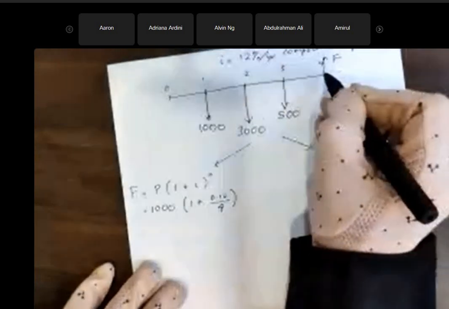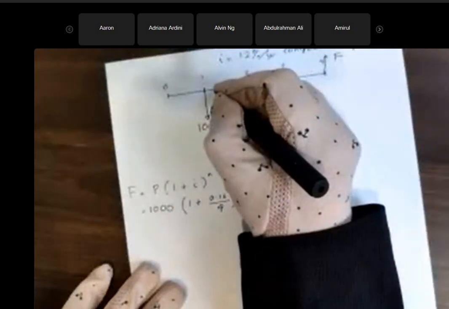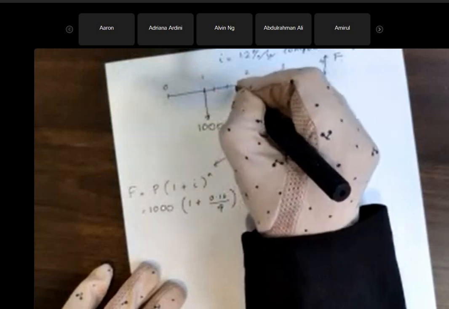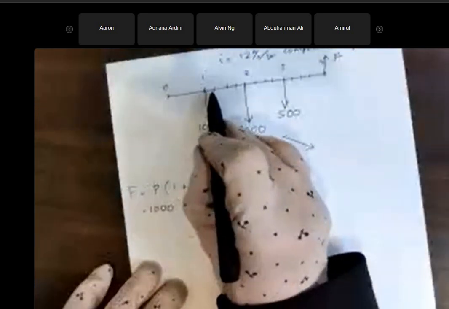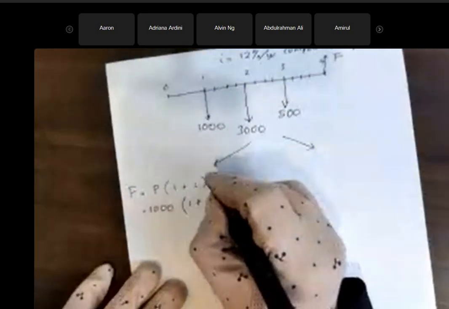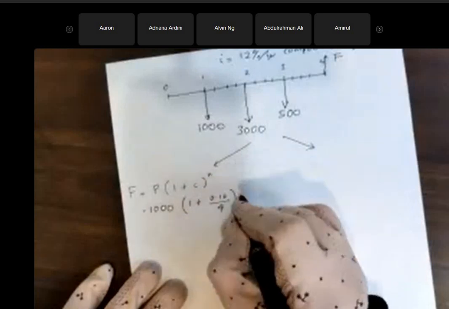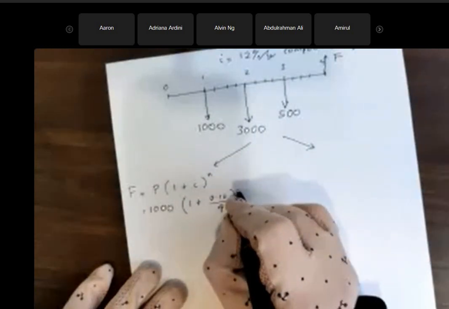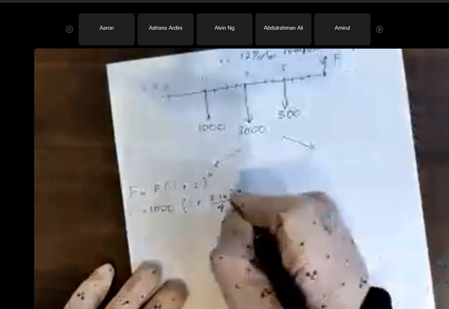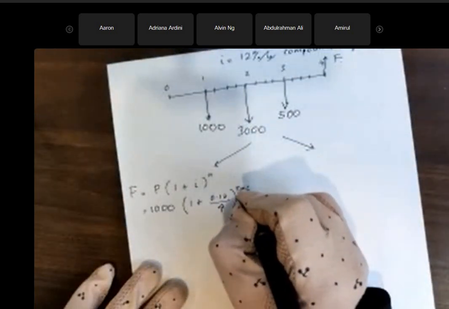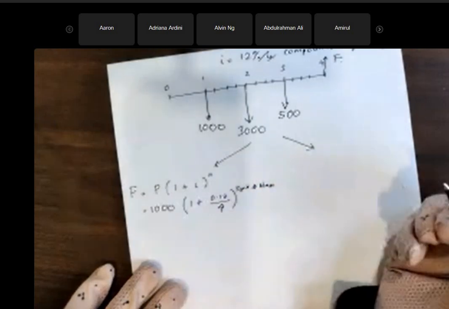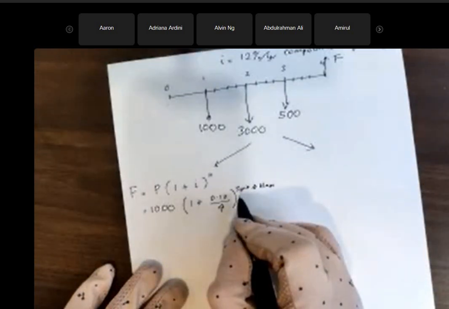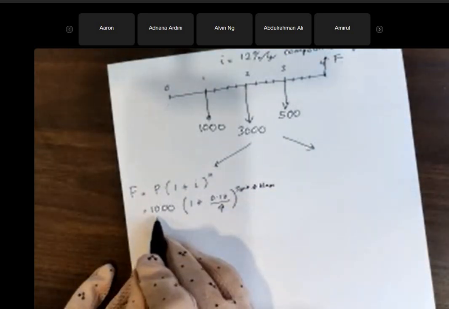But here F, you move from here to this. How many compoundings? 4, right? 1, 2, 3, 4. So this one is N times M. You have 3 years, where the compounding is quarterly, 4 times. That means 4 times 3. This is for the 1,000.